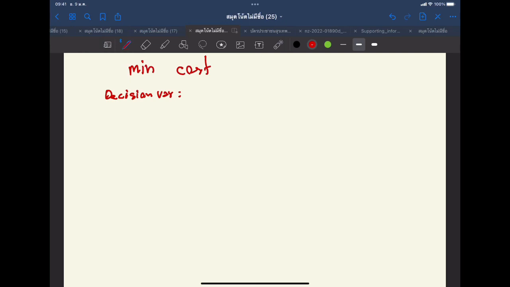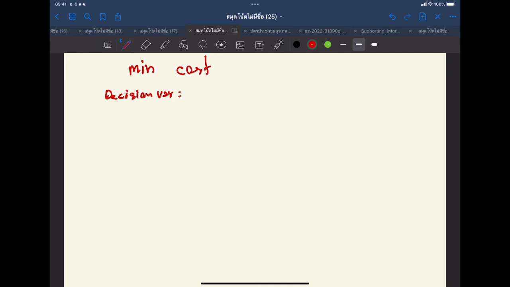And S2 can ship back to S1 too, so it can be treated as source and sink. Also, some customers can be treated as source, and also the customer can be a sink, right? So we have to design the decision variable first.